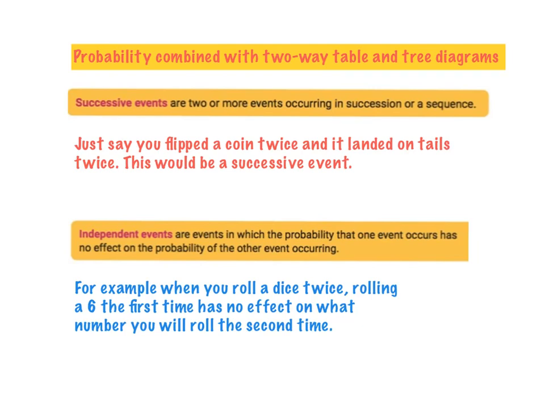Okay, just because you rolled a 6 the first time doesn't mean there's any less chance you're going to roll a 6 the second time, or there's a bigger chance you're going to roll a 3 this time. Doesn't matter, okay? So whatever number you roll the first time has no impact on the number you're going to roll the second time. And that's an example of an independent event.